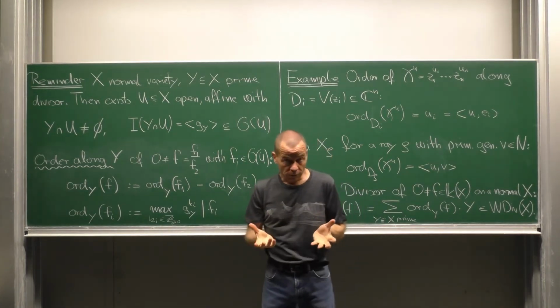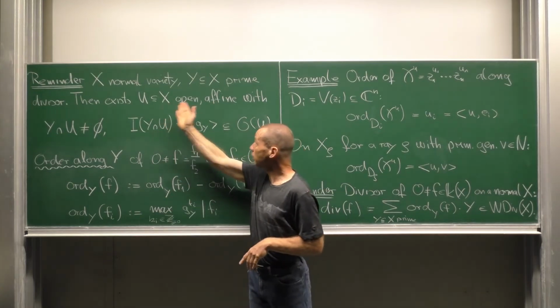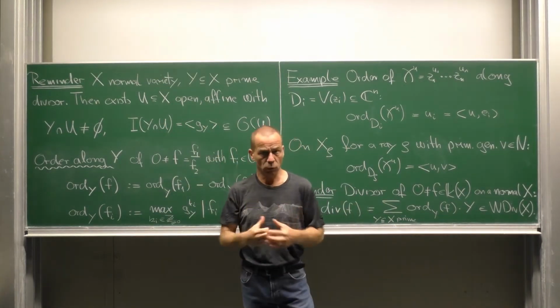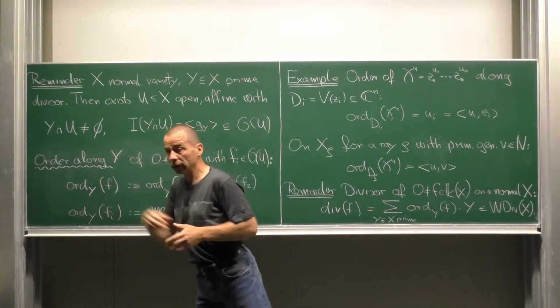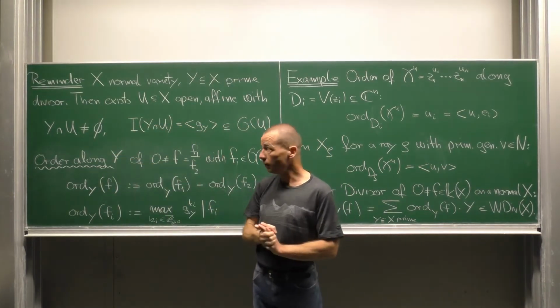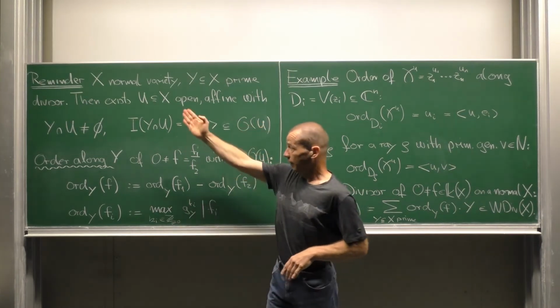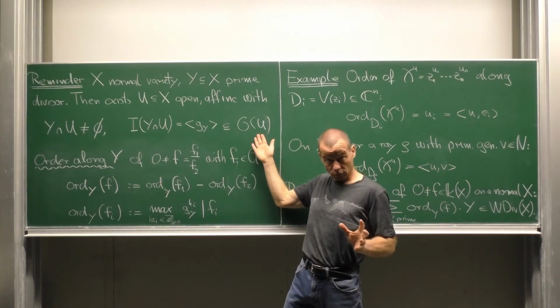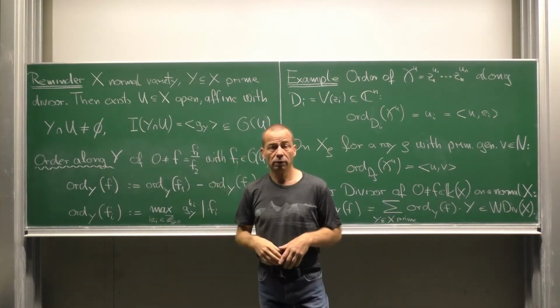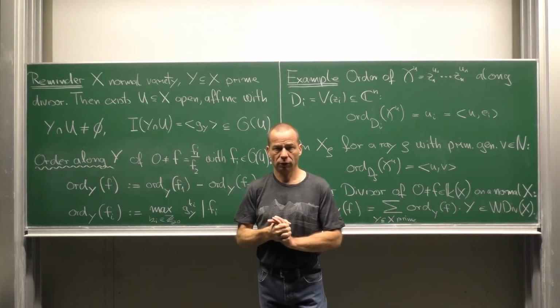Then, as a consequence of normality, there is an open affine subset U in X, such that the intersection of Y and U is non-empty, and the vanishing ideal of this intersection in the algebra of functions of U is generated by a single element g_Y.